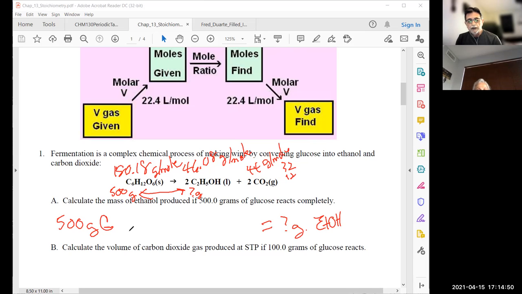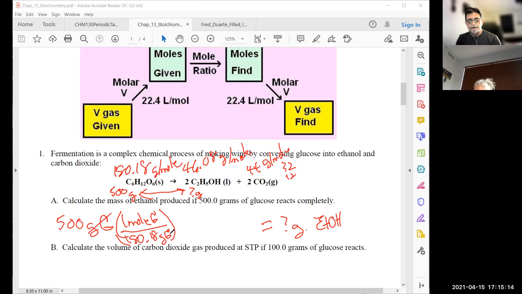The first thing I need to do, like we've been doing all along, is convert the grams of glucose to moles of glucose. So moles of G is on top, and the molar mass, 180.18 grams of G, is in the denominator.